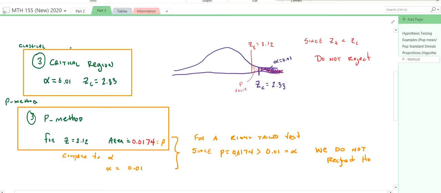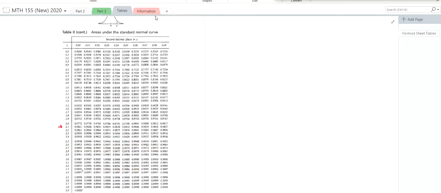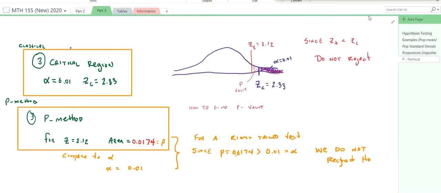So how did I get that? Well, I went to my Z tables here. I look at 2.1, then 0.02, and I found this value here, 0.983. That means the area to the left of this 2.12 is 0.983.